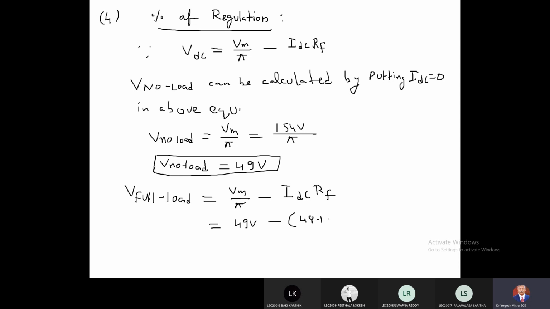It is in milliampere, so I will write it in ampere, into 10 raised to the power minus 3, multiplied by RF. RF is 20 ohm, the forward resistance of the diode. So if we calculate this, then we will get 49 volt minus this part. After calculation, it will come 0.962.